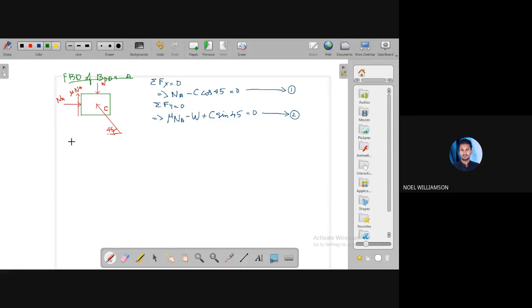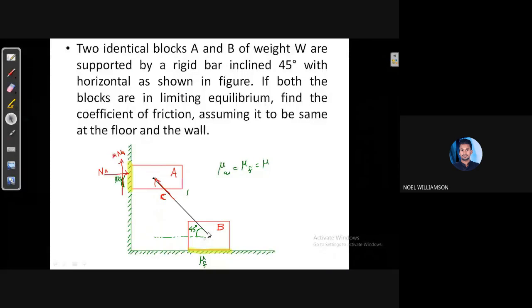So next we will find the free body diagram of body B. So here it is body B. For body B, what are the forces?